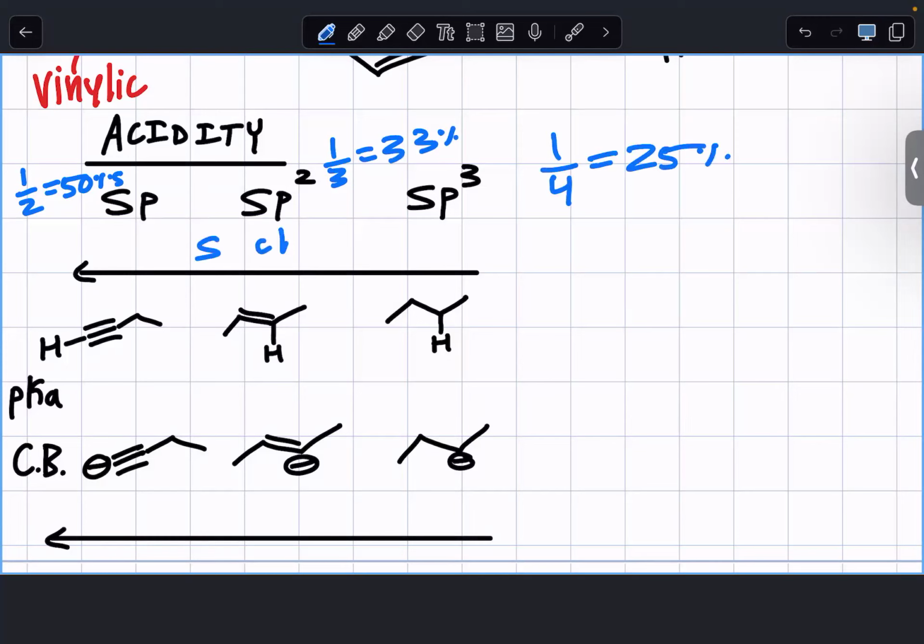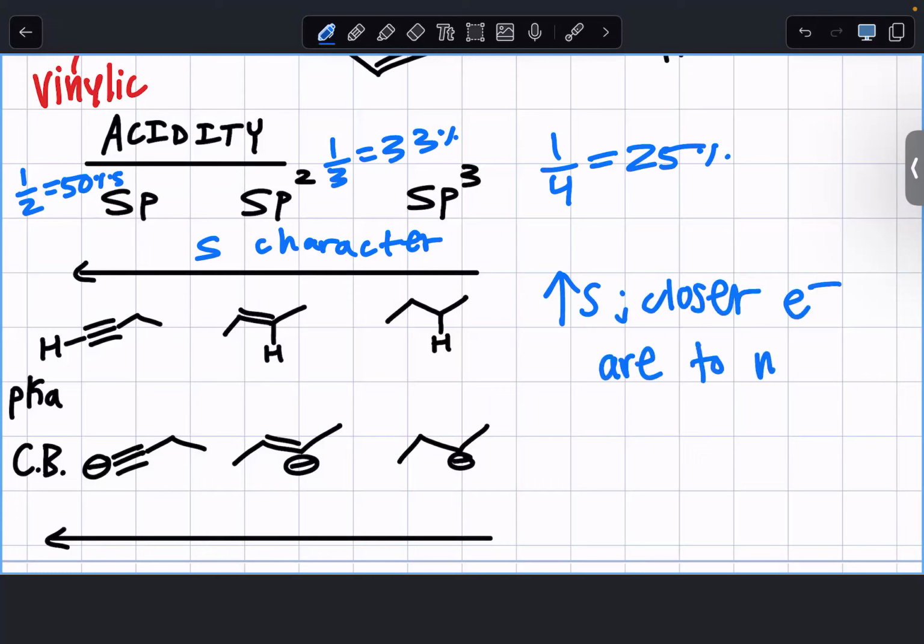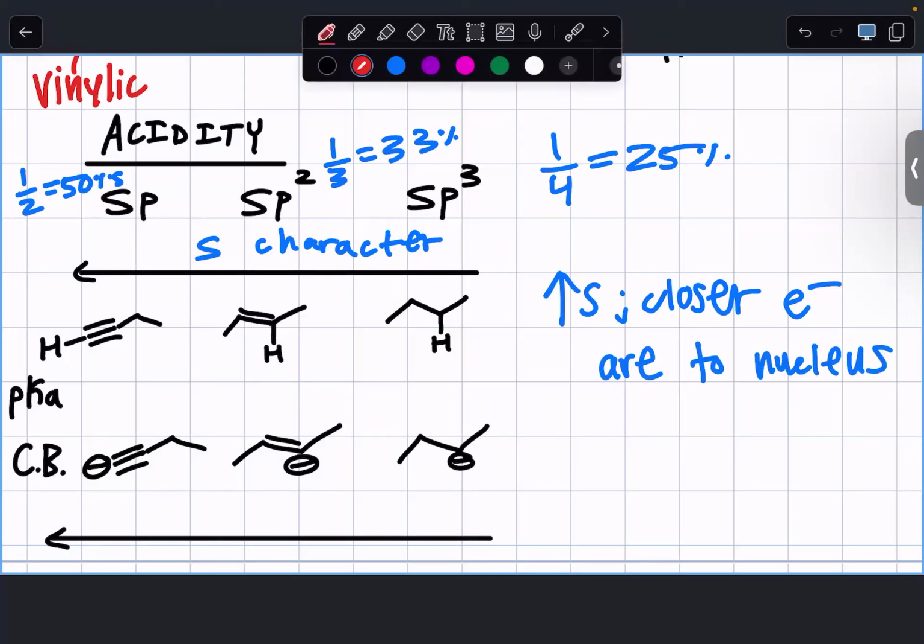So S character increases from right to left, or SP has the highest S character, SP3 has the lowest S character. The more S character an atom has, the closer the electrons are to the nucleus. Okay, so let's look at these acids here, the acids on the alkyne, alkene, and alkane.